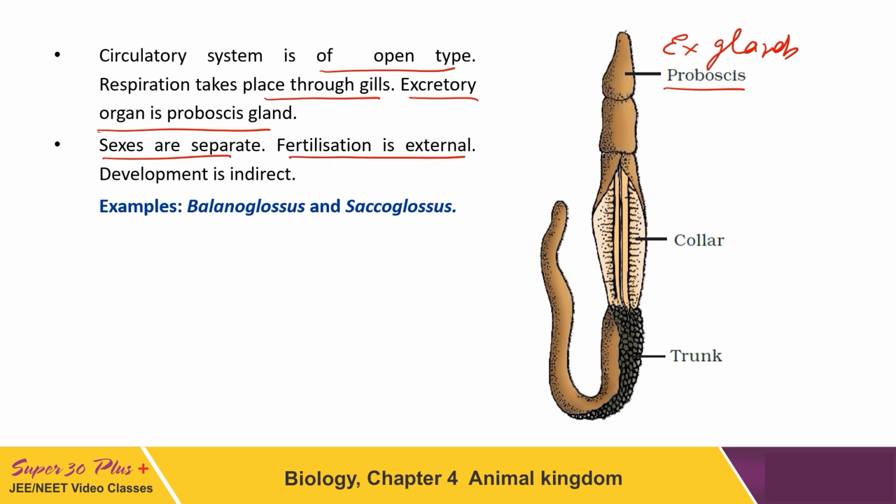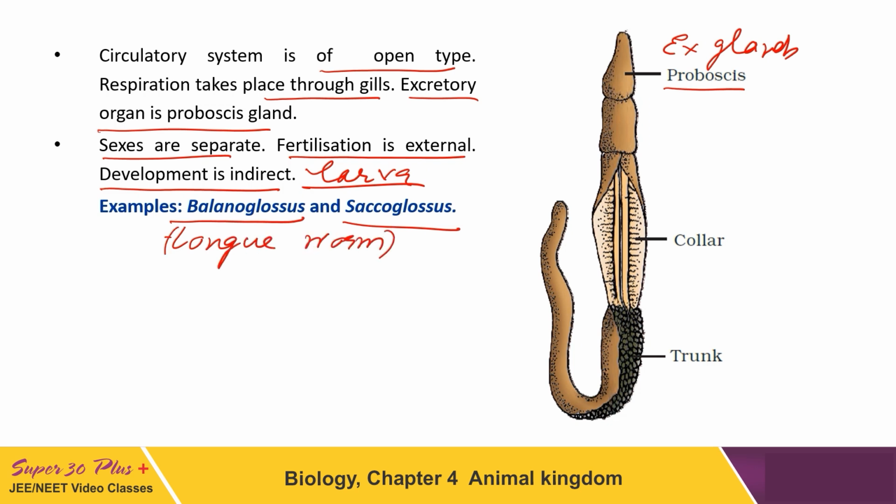Fertilization is external, that is in seawater, and development is indirect, meaning a larva is formed. The examples are Balanoglossus and Saccoglossus. Both of these are known as tongue worm. Worm-like body they have.